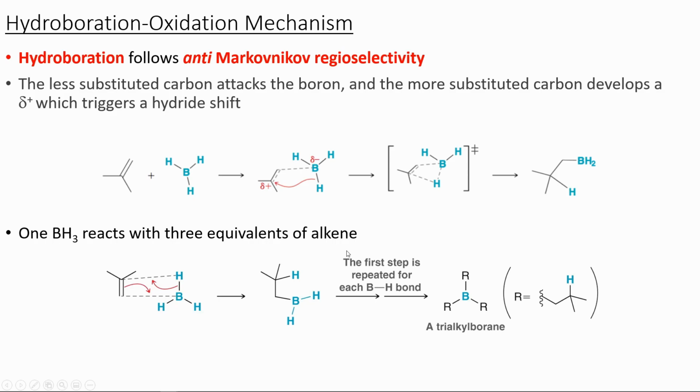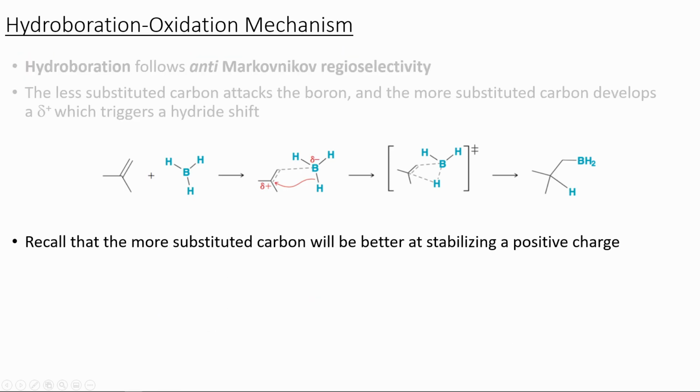When we react three equivalents of the alkene with boron, we'll convert the boron into a trialkyl borane. So this reaction is going to occur 3 times until all of the hydrogens are removed from the boron, and we'll have a trialkyl borane.